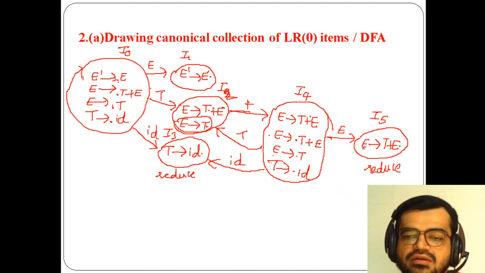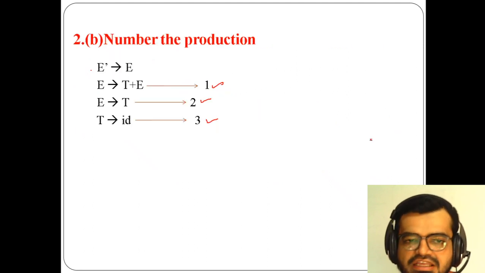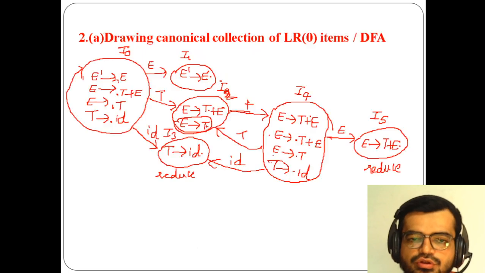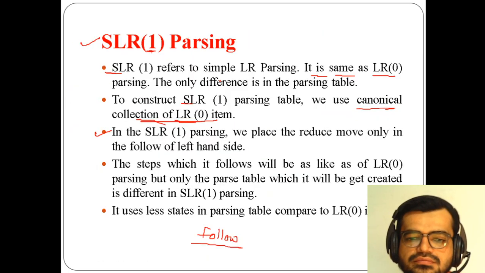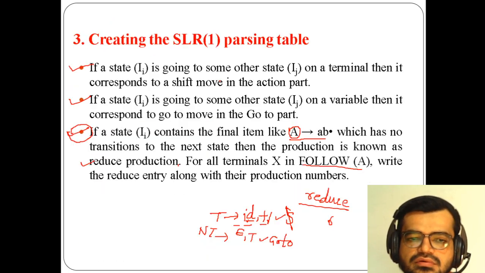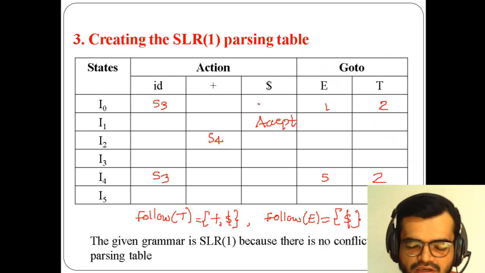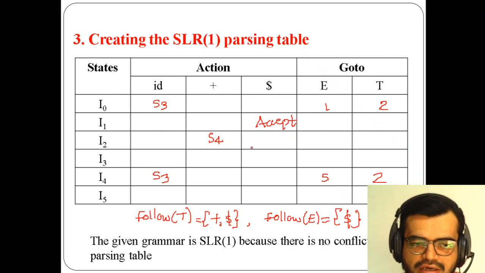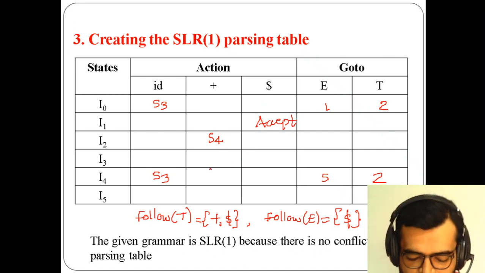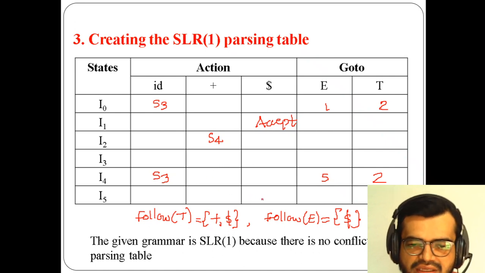Now I have to use follow of E. So what is follow of E? E → E + T dot is production number 1. So follow of E is dollar. So now I have to take R1 here only.